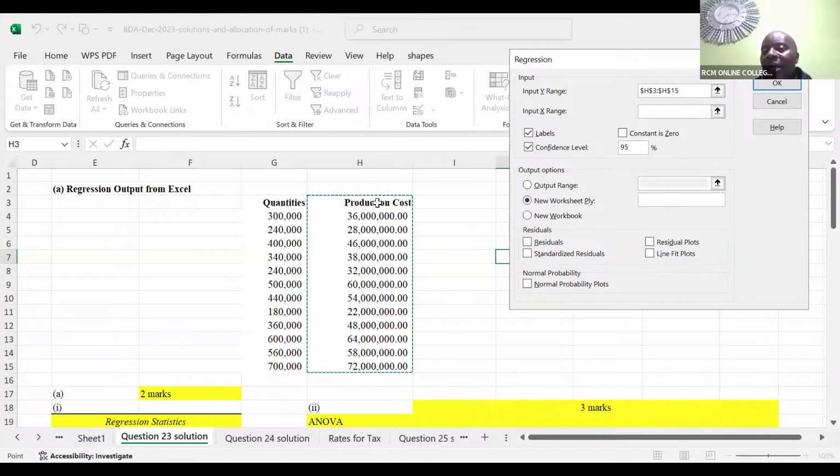Then do the same for the input X. Start by clicking on the label, then using your left hand, hold Control Shift down, and using the navigation arrows, click on the down arrow.